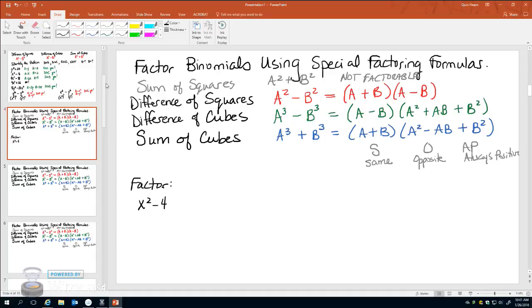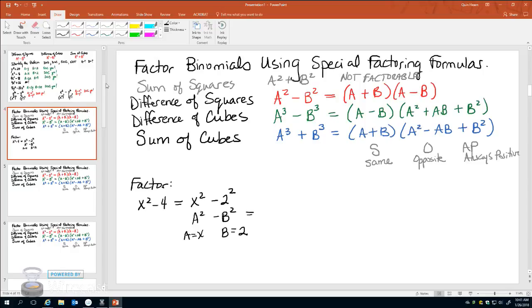So is 4 also a perfect square is what you want to ask yourself next. And the answer is yes. You can think of this as x squared minus 2 squared. So it fits the pattern of a squared minus b squared, a difference of squares, where your a is x and your b is 2.